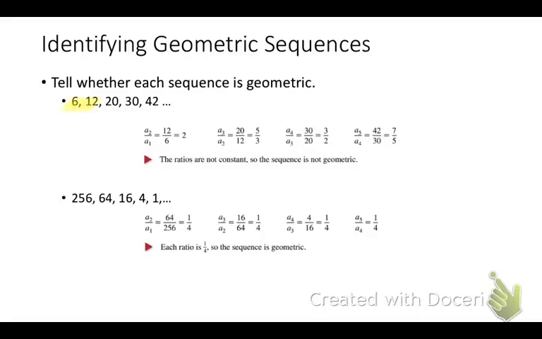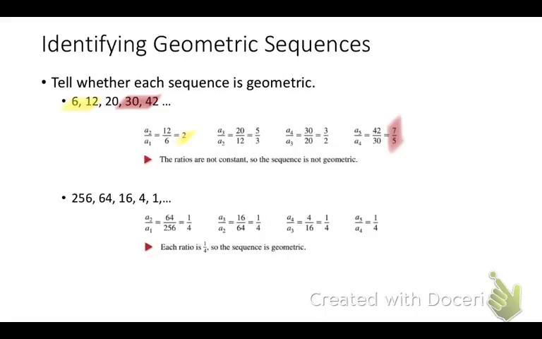Like if we picked 12 divided by 6 and we got 2, it should be the same thing if we go down the line and have 42 and 30. It should be the same value. Okay, where here they are not. 42 divided by 30 is not the same thing as 12 divided by 6.